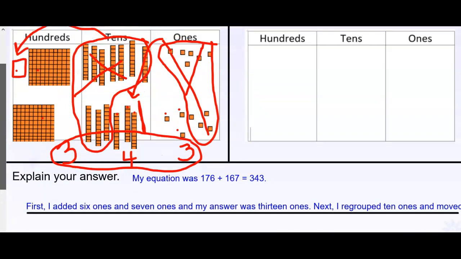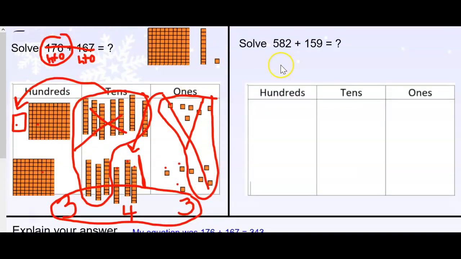Welcome back. Now it's time for you to get ready to solve your own problem. And remember, we'll check our answer tomorrow using tomorrow's video. So get out that pencil and paper if it's not already out and write down your equation for today. 582 plus 159 equals question mark.